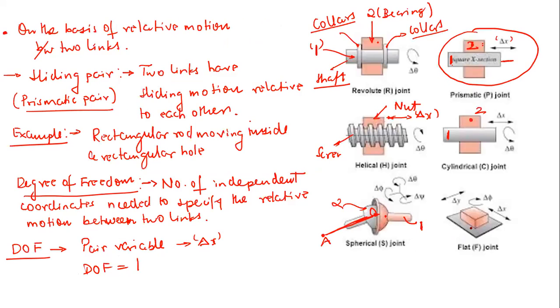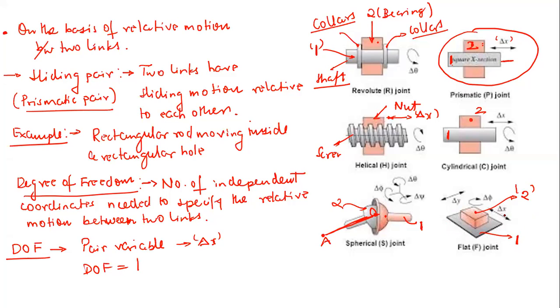Now just try to understand this. If you see this, this is also called a flat joint or F joint. If you see this diagram carefully, let me call this surface link 1, and let me call this rectangular bar over this surface link 2, right? Now if you talk of pair variables, if you observe this rectangular bar, it is free to translate along this direction.